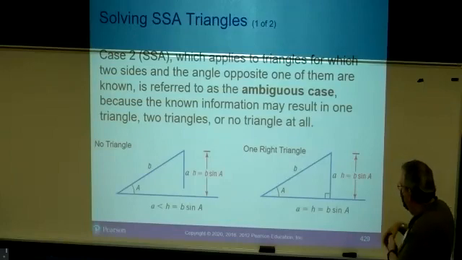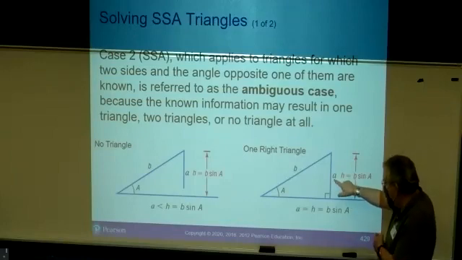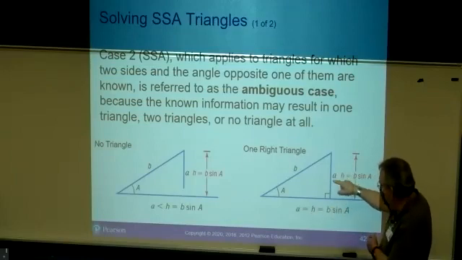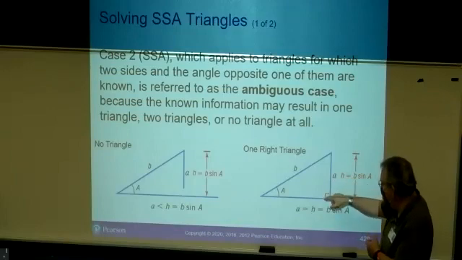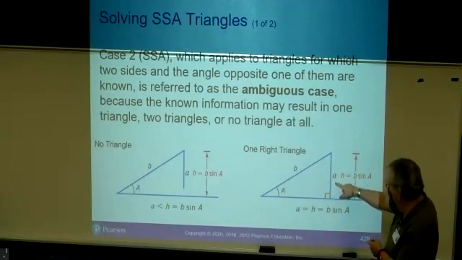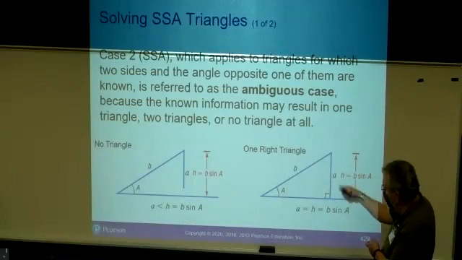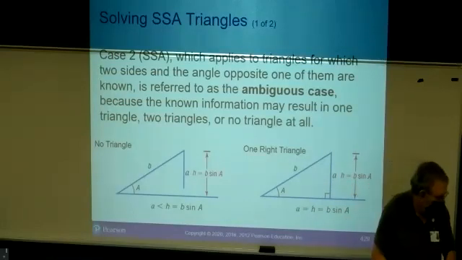And so A would be H in this case. A is H. And so B times the sine of A gives you what the height is, that A side. And then you would find the other sides off of that.